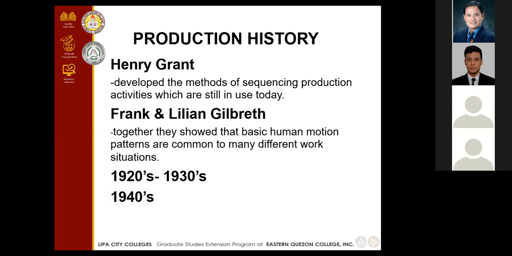So aside from Frederick Taylor, si Henry Gantt, dinevelop naman niya yung methods of sequencing production which are still in use today. On the other hand, Frank and Lillian Gilbreth, they showed that basic human motion patterns are common to many different work situations. So si Frank Gilbreth, siya yung father ng scientific management. So their analysis ng micromotion is to improve the manual operation.